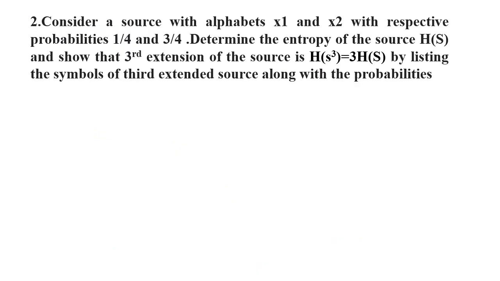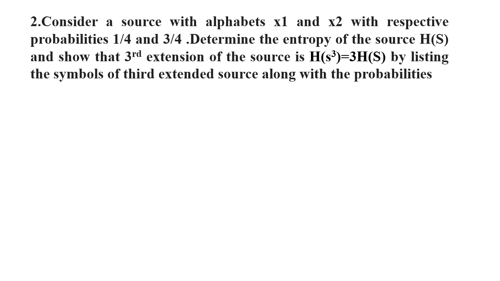Second problem: consider a source with alphabet x1, x2 with respective probabilities 1 by 4 and 3 by 4. Determine the entropy of the source H of S and show that the third extension of the source is H of S cube equal to 3 into H of S by listing the symbols of the third extended source along with their probabilities.